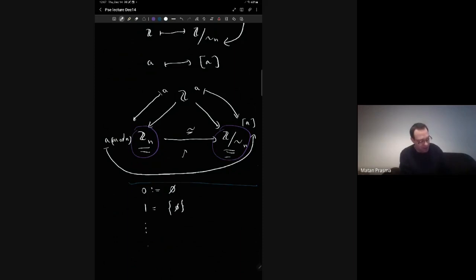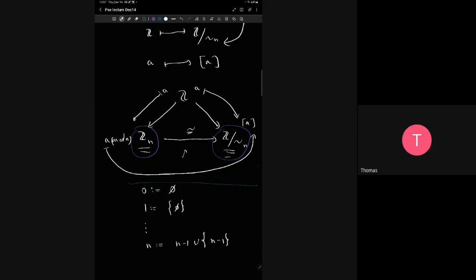And inductively, you define n to be whatever you had as the set n minus 1, union the set containing the set n minus 1. So this is a definition of the natural numbers as sets, right?